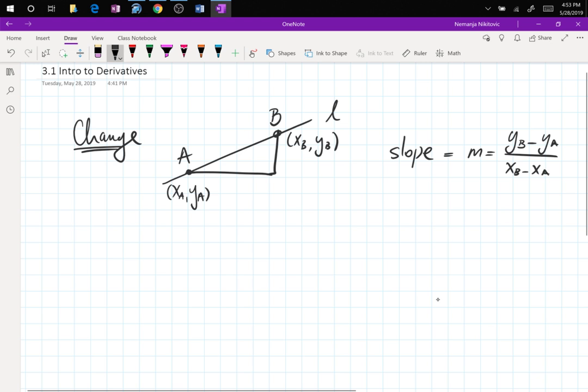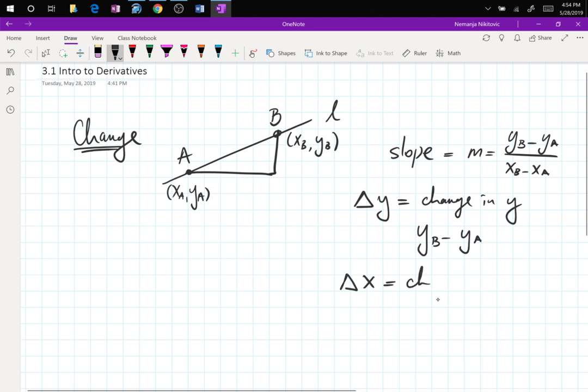Now in mathematics, we like symbols. So delta Y is known as change in Y, and that one is YB minus YA.